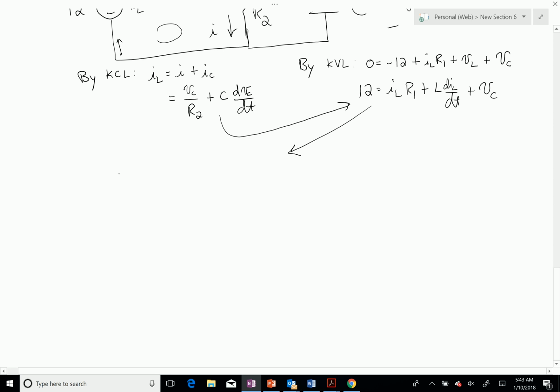So I'm going to get 12 equals R1 times IL. IL was VC over R2 plus C dVC by dt.